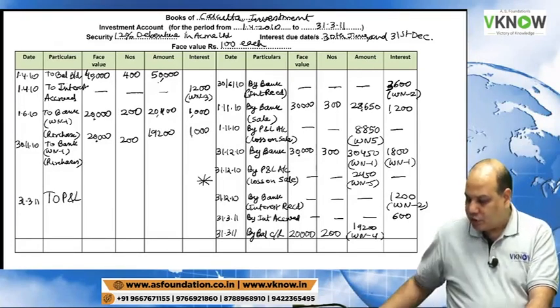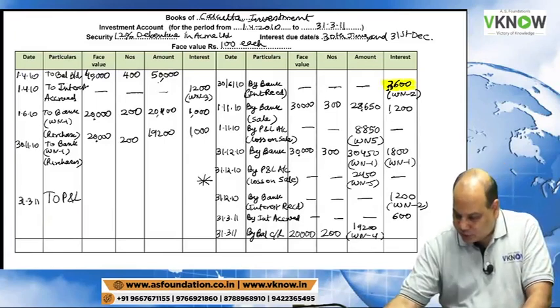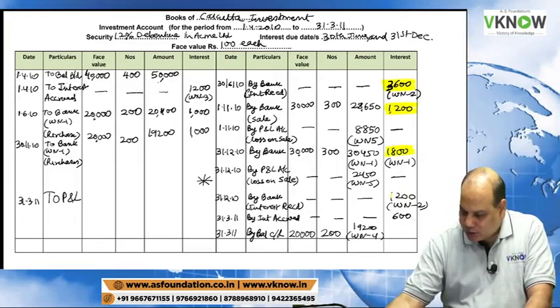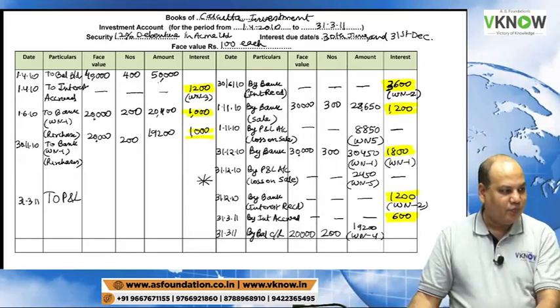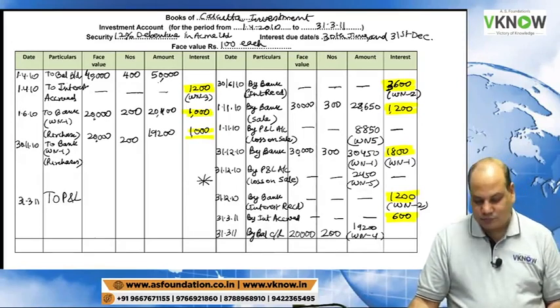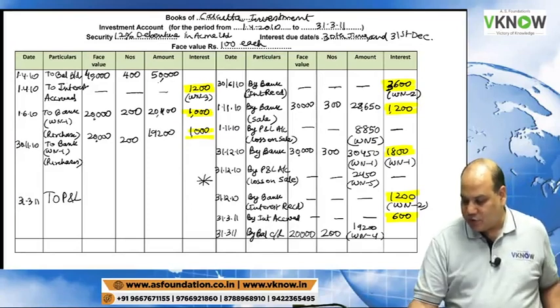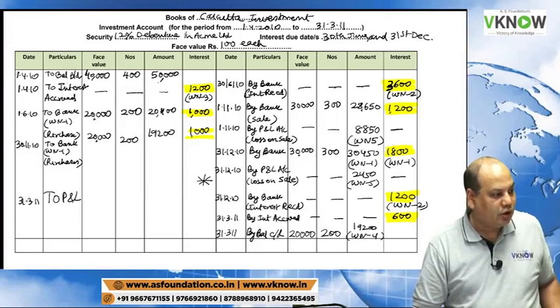Just one thing you have to do now on the debit side, 31st March 11 to P&L account, interest balance transferred. So take on your calculator, 3600 plus 1200 plus 1800 plus 1200 plus 600 minus 1200 minus 1000. Give me the answer. What is the amount to be transferred to P&L account in the interest column? Come on, dear student, fast.